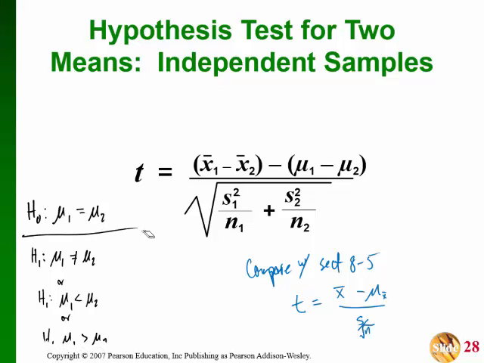So again, you can pair it up with a different null hypothesis, but if you put the null hypothesis to just be the equality, the equal sign, then it'll all work out the same way. This is a 2 here.